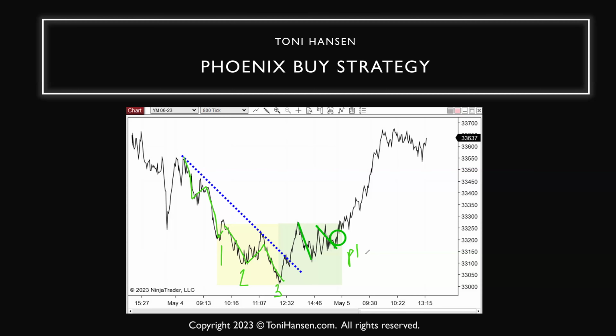So this is a very specific version of the Phoenix, where again, two waves of selling, three lows, channel break, and then here's your Phoenix. Your first initial move was a little bit stronger on this one, and then the second one basically consisted of a zone of congestion.